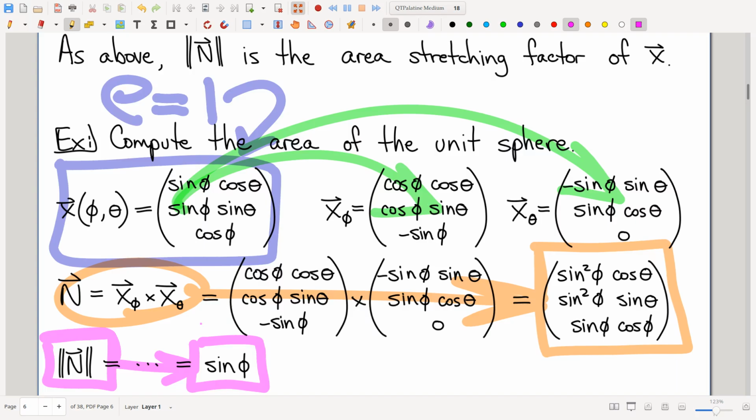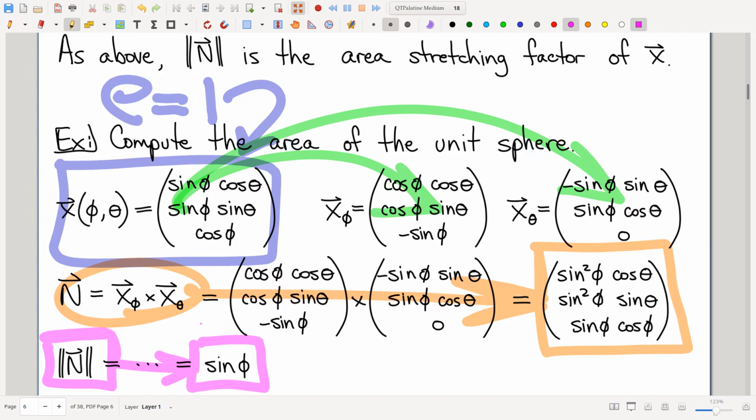But wonderfully, when you compute its magnitude, it simplifies super nice. It's just sine phi. Again, a fair amount of effort to go through and carry through those details. The Pythagorean identity figures very prominently in making this simplify in magnitude to just that. So make sure you can do that. Make sure you can fill in all those blanks.